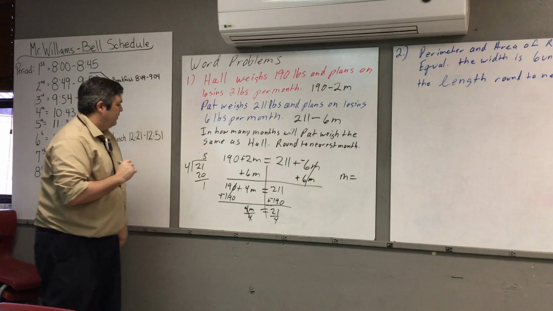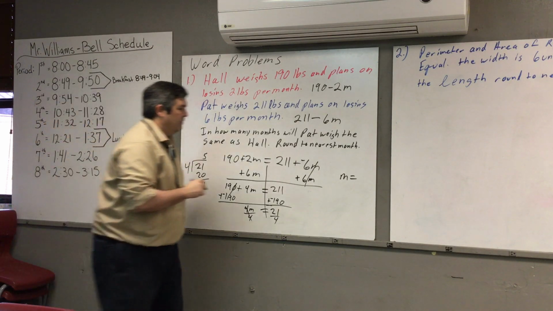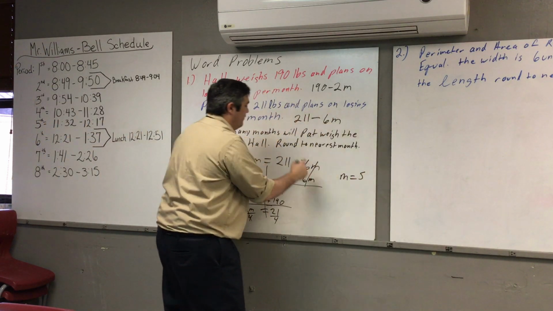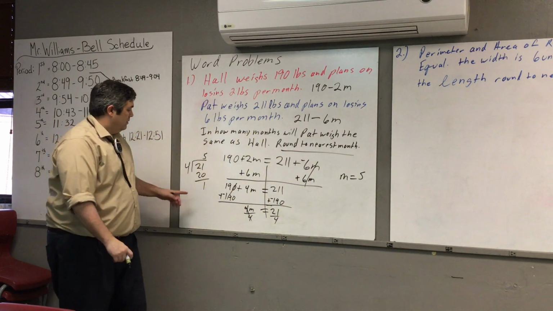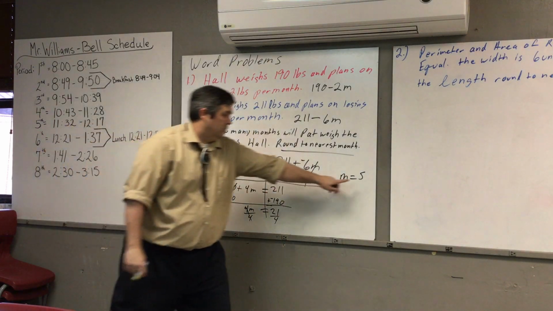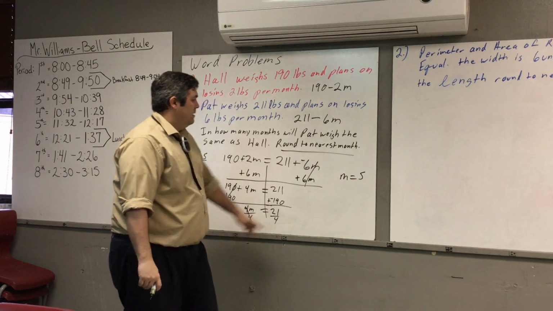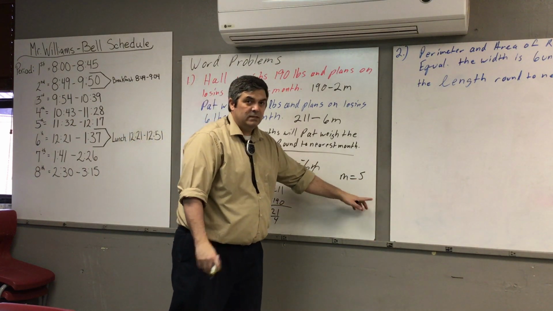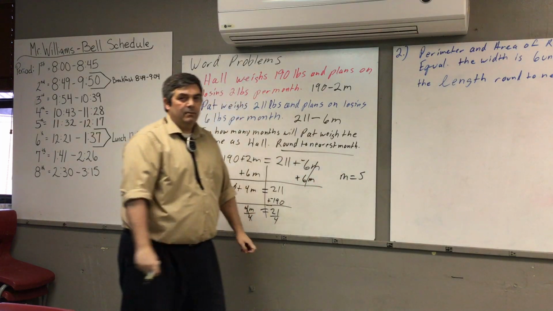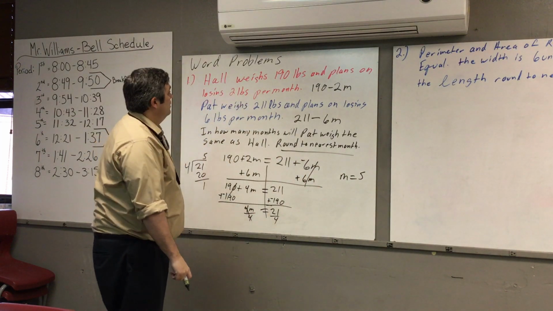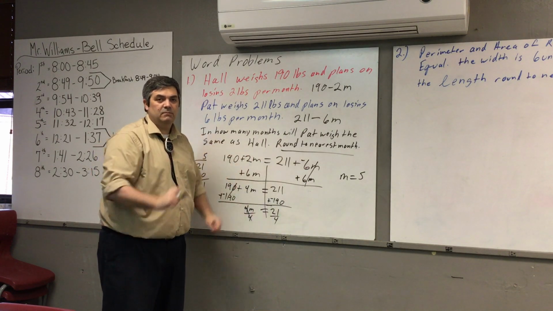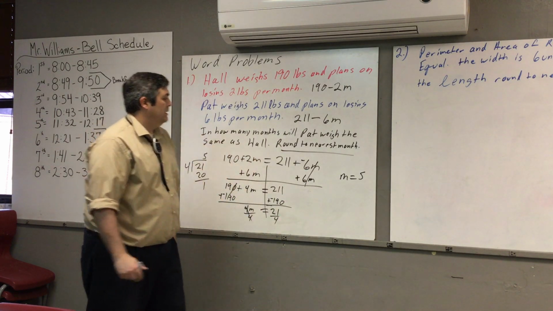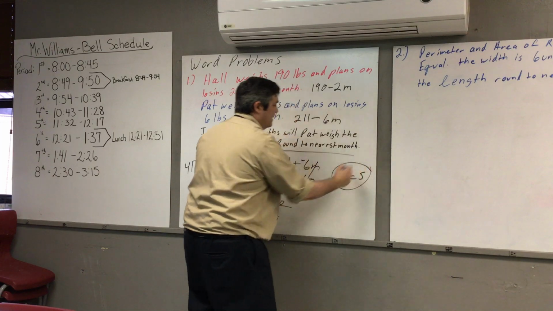So M equals 5, and it's 5 because I rounded to the nearest month. I only had a remainder of 1, so I know it's going to be closer to 5. So in 5 months, they're going to be the same weight. That's how many months it'll take them to get to the same spot. So M equals 5, and there's my answer.